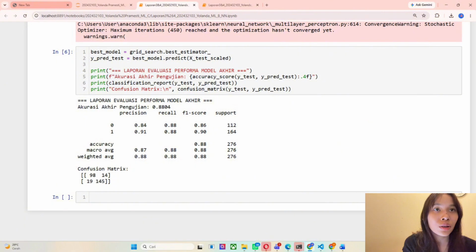Furthermore, the confusion matrix shows 98 true negatives and 145 true positives, with only a small fraction of misclassifications, 14 false positives and 19 false negatives. This confirms the model is reliable for medical classification tasks.